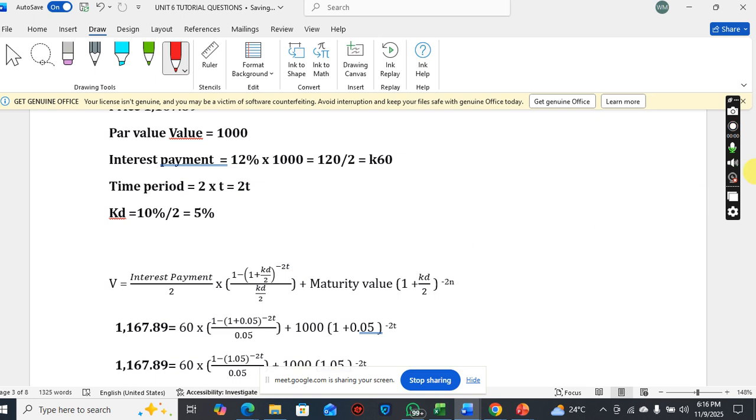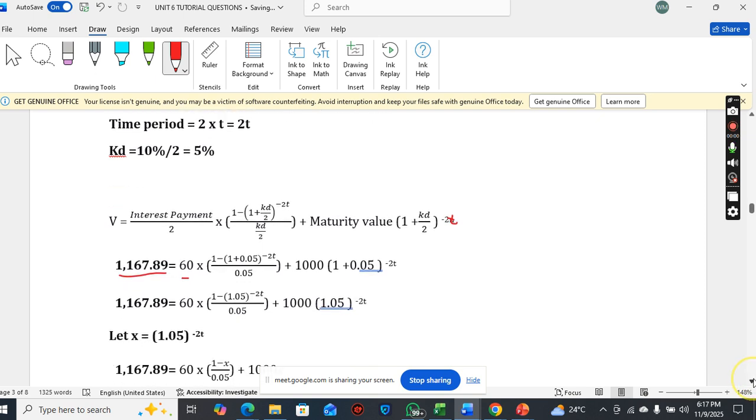First you do your adjustments: divide the interest payment by 2 and the cost of debt by 2, since the coupon payments are semi-annual. After you do your adjustments, you put everything in the formula. They've given you the market price of the bond, the interest payment here 60. We've got our annuity factor here, and we've put everything in place.